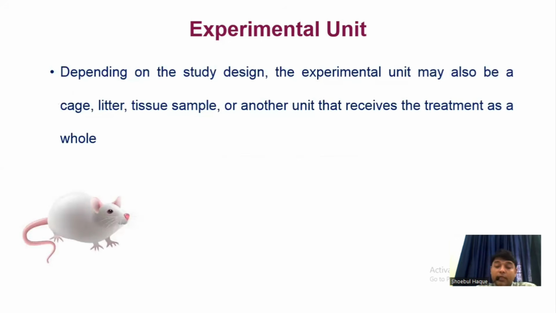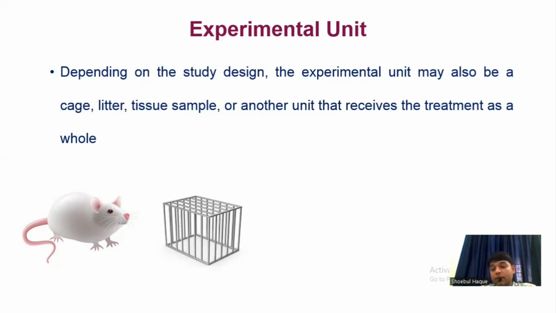So the rat can be an experimental unit if we provide the treatment directly to the rat. Means if there are four rats in a cage and we are giving the intraperitoneal injection to each individual rat, in that case the rat is the experimental unit.